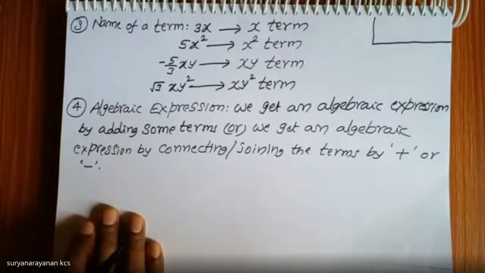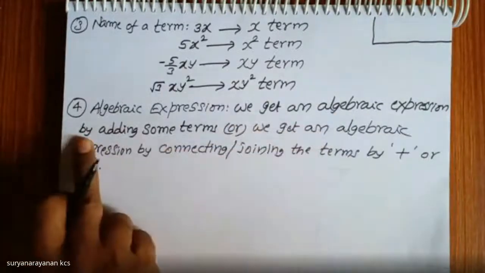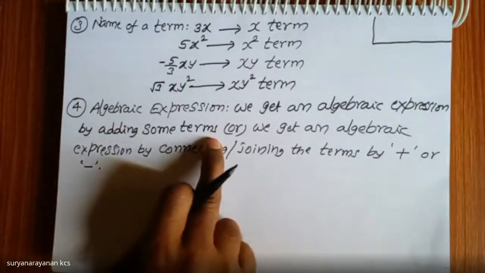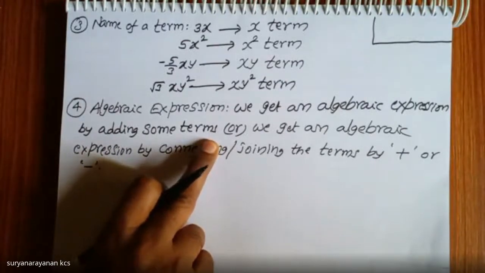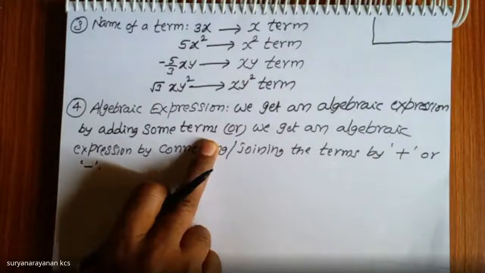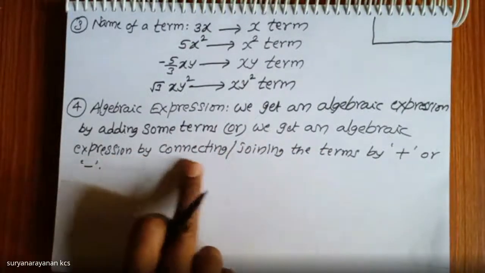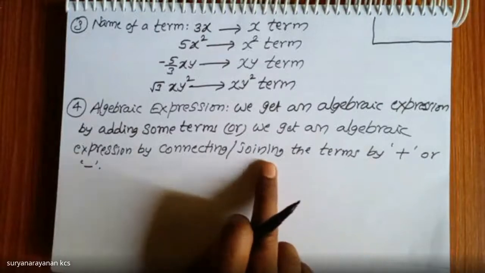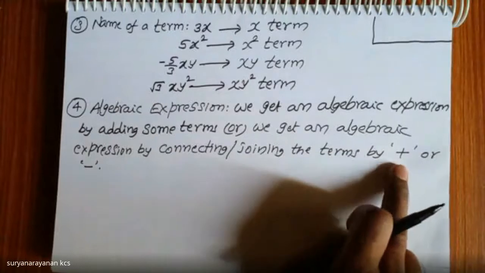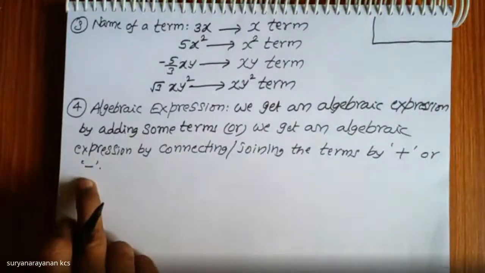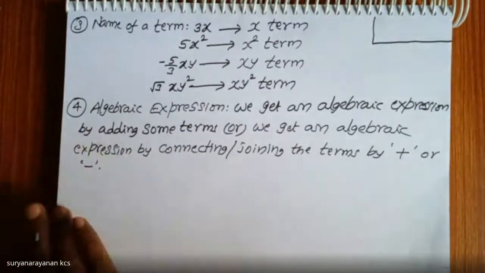See this definition, my children, algebraic expression. We get an algebraic expression by adding some terms. We can define an algebraic expression like this, or we can define it like this also. We get an algebraic expression by connecting or joining the terms by a plus sign or minus sign, by adding or subtracting some terms.